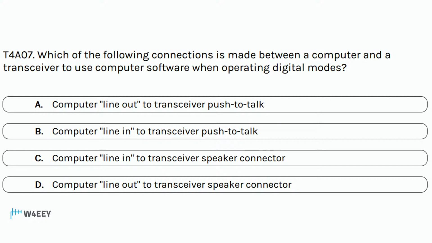So in this case, the best answer here is you take the transceiver's audio output or speaker connection and run it into the computer's line input audio connection. This is one way you could use a computer sound card for one of the digital modes. Now, most people now have gone to the interfaces or the built-in sound cards in radios.